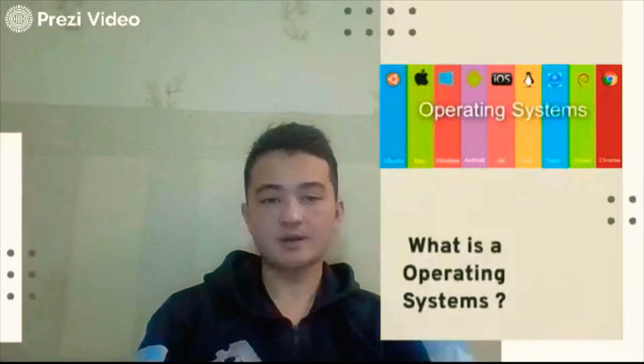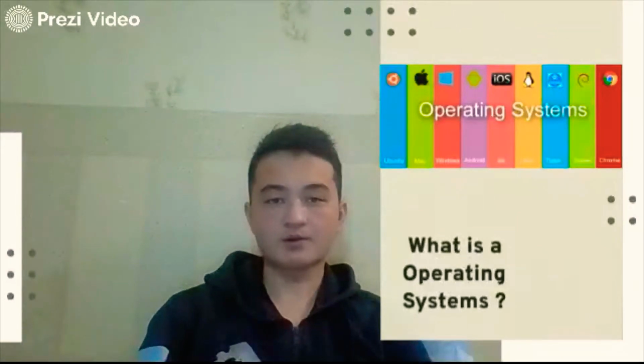It remains in memory while the computer is running and allows you to communicate with the computer and other software. It is a key component of the computer system because it sets standards for the application programs that run on it. All programs must talk to the operating system.